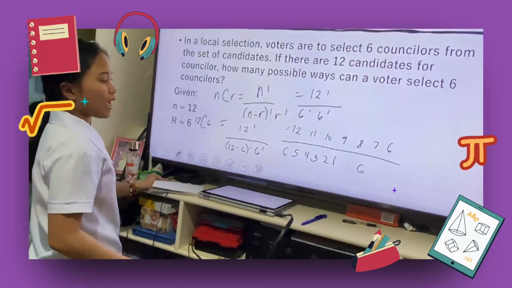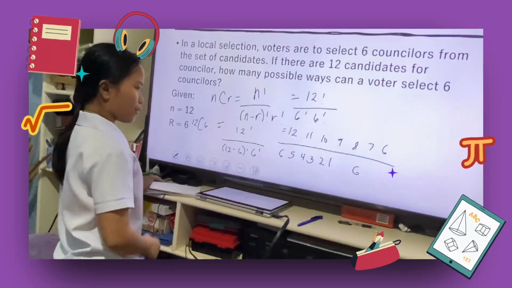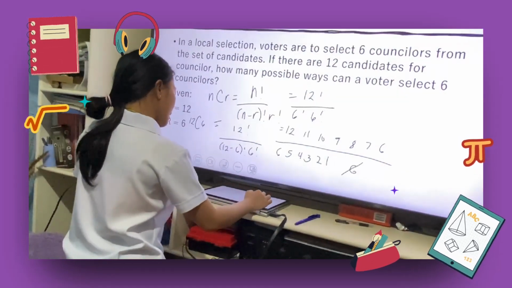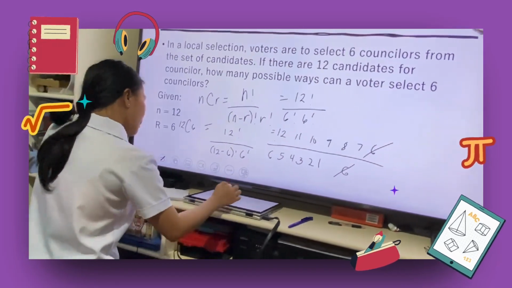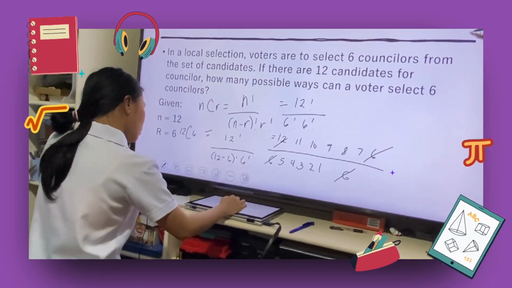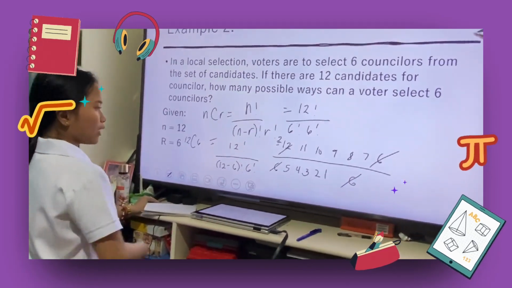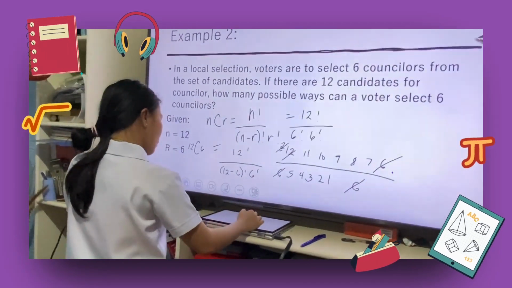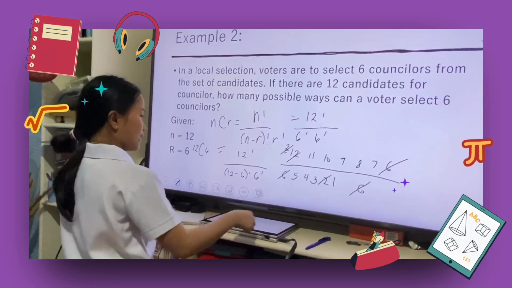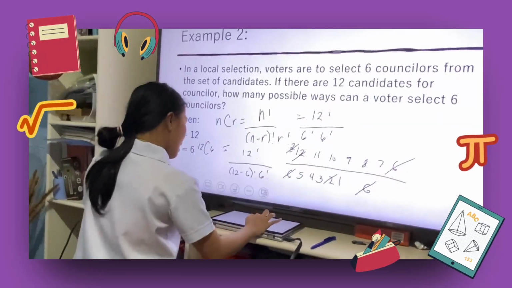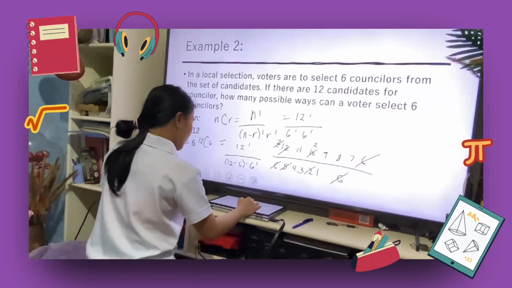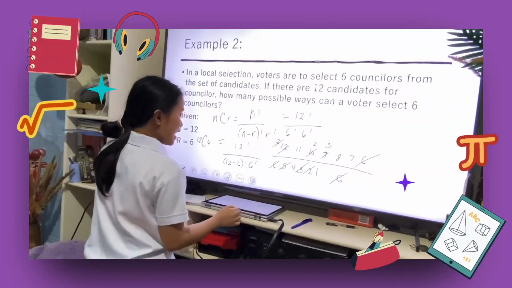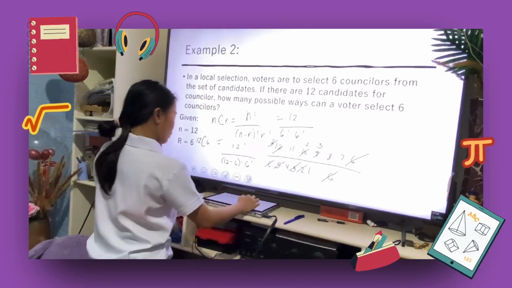So for the next step is to do the cancellation method. So 6, and then there's 6 here. So 12 divided by 6 is equal to 2. So since there's already a 2 up there, we can remove the 2 down here. Next is 10 divided by 5 is equal to 2. 9 divided by 3 is equal to 3. And 8 divided by 4 is equal to 2.